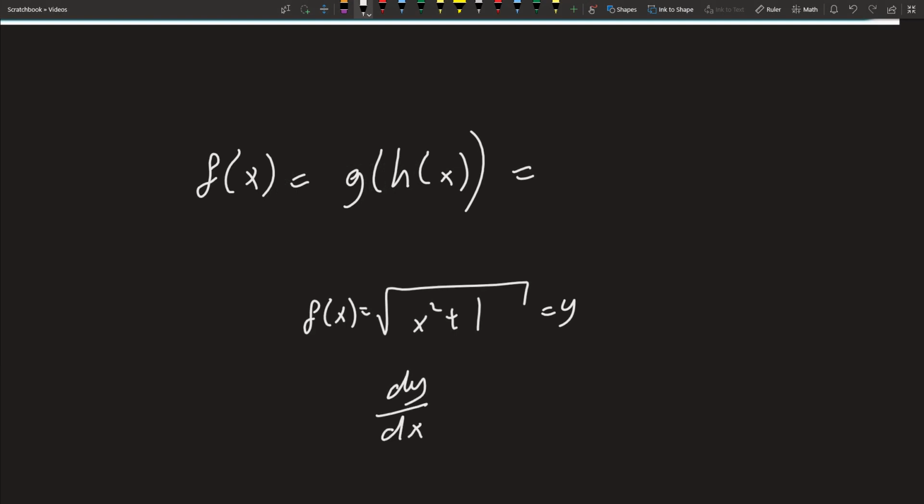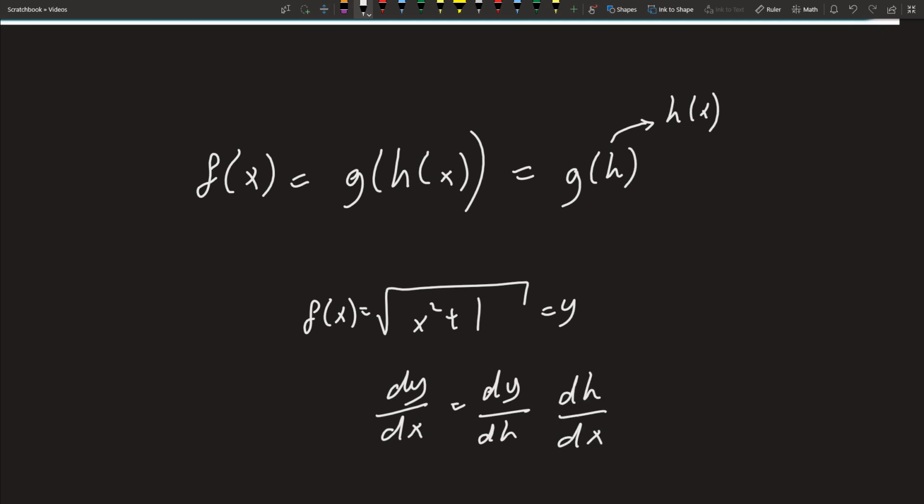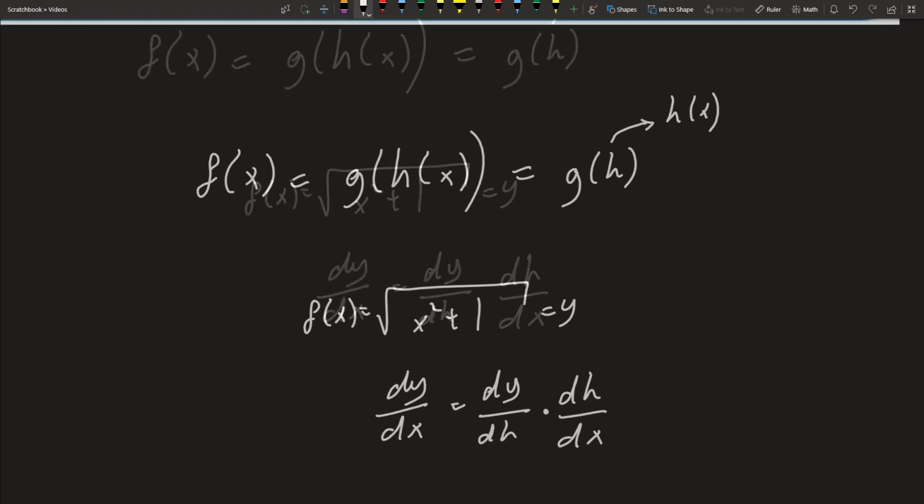Let's simplify this notation a bit. Let's say that y is equal to g that depends on h, right? And h, in turn, depends on x. So if you want to find the derivative of y with respect to x, let's find the derivative of y with respect to h. Then we find the derivative of h with respect to x, right? And then we chain them together, we multiply them together.